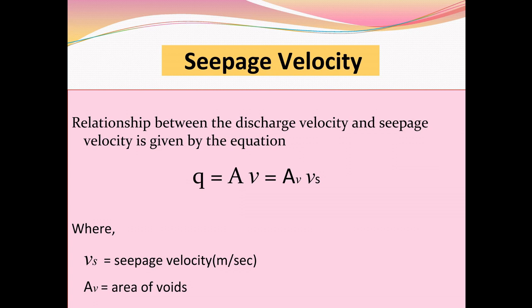The relationship can be established between the discharge velocity and the seepage velocity, where Q equals A into v, or it can also be written as area of voids into seepage velocity, where capital A is the area of the soil mass and small v is the discharge velocity.